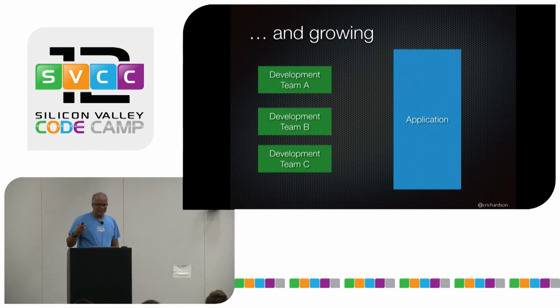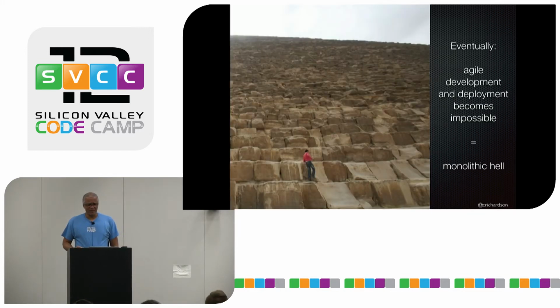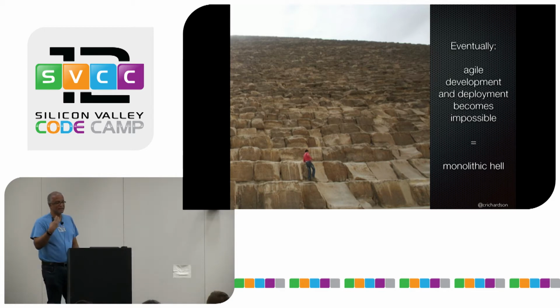But eventually, your application just keeps growing and growing. And eventually, you end up with a monstrous application, possibly comprised of millions of lines of code. And we end up in this situation where any ability to develop or deploy in an agile fashion is really, really difficult.